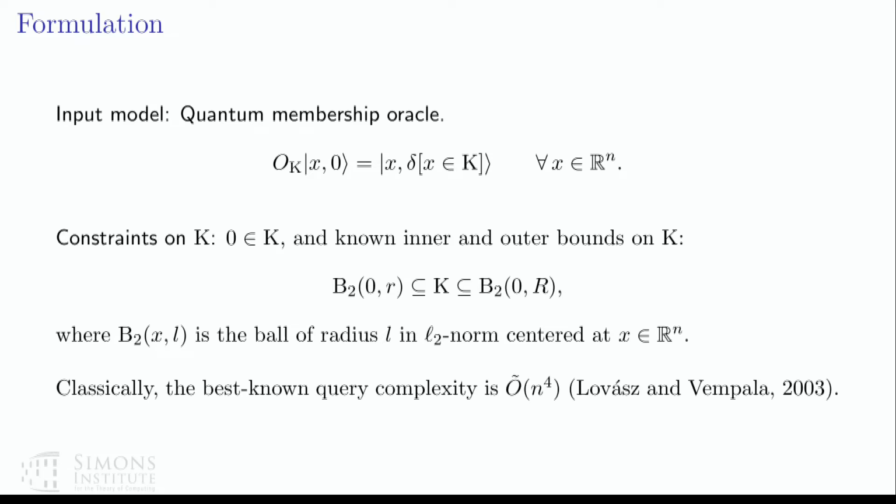Classically, the best known query complexity for solving the volume estimation problem, given this kind of assumption where the origin is inside the convex body, and also the condition number, capital R and small r here, is only n to the 4 by Lovász and Vempala in 2003. Although this is one of the most important problems, it is known to be notoriously hard, and this classical query complexity of n to the 4 has been standing for more than 15 years.